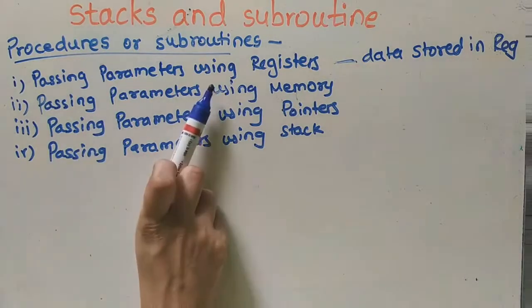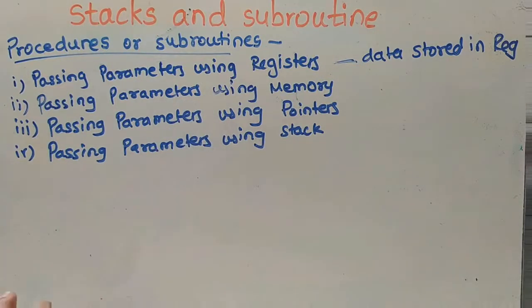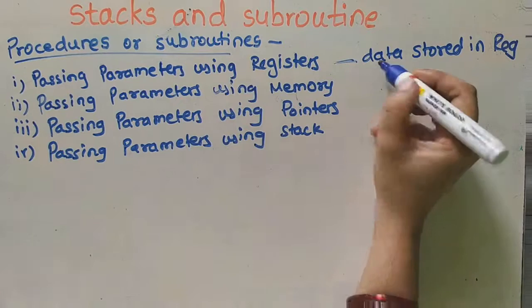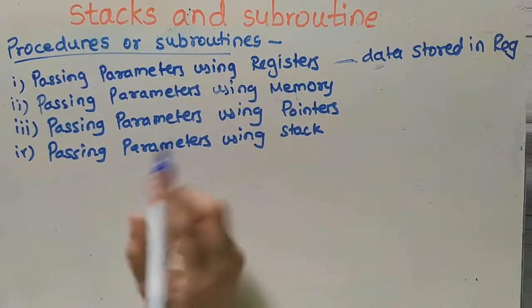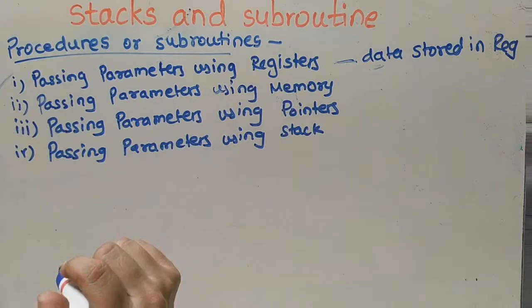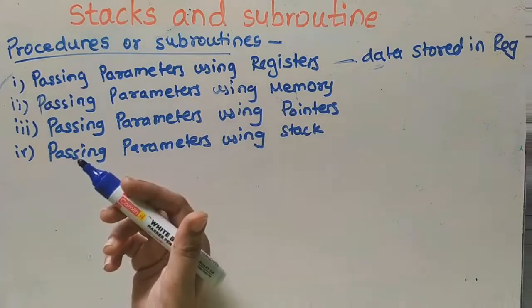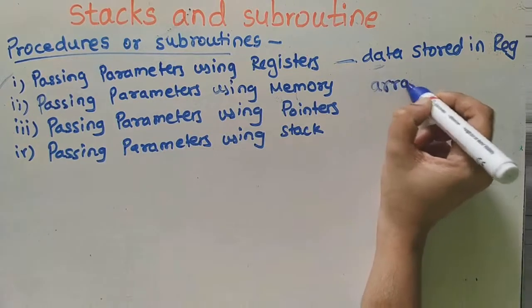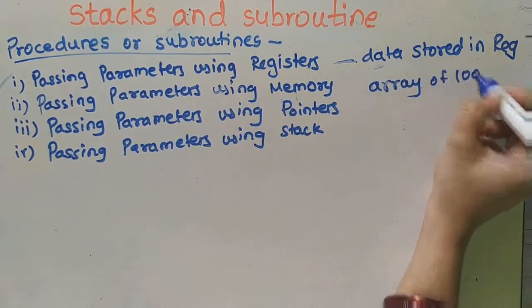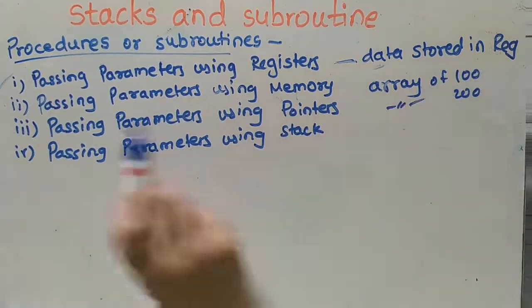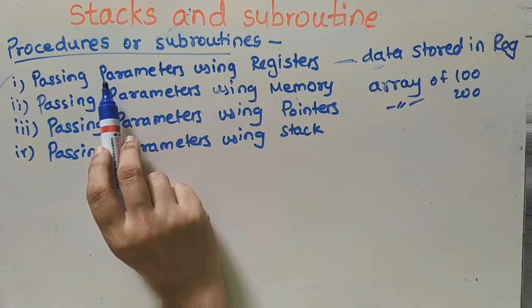But this method has a disadvantage: the number of registers limits the number of parameters we can pass. If the number of parameters is small, we can use the first method. But if we have to pass a large amount of data, such as an array of 100 or 200 elements, this method will not be useful.